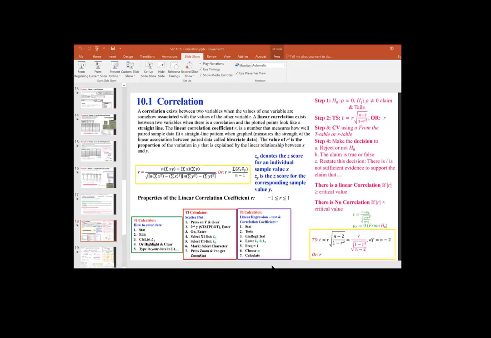Also, if you look at the formula in green, we would write r minus mu sub r. Again, mu sub r comes from H0, and it's always a 0. Mu sub r referring to the r itself in essence.